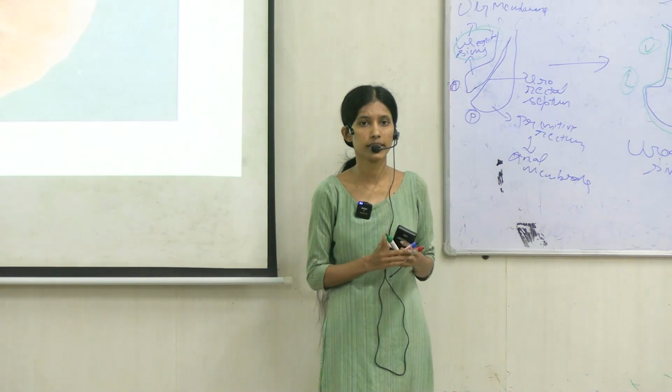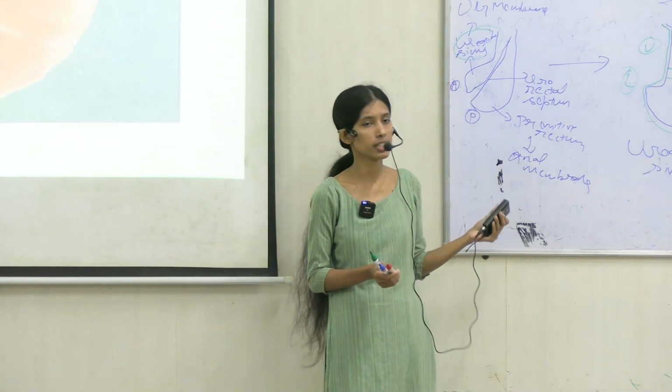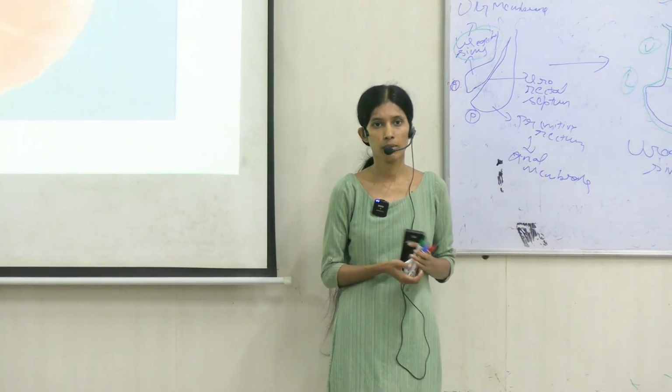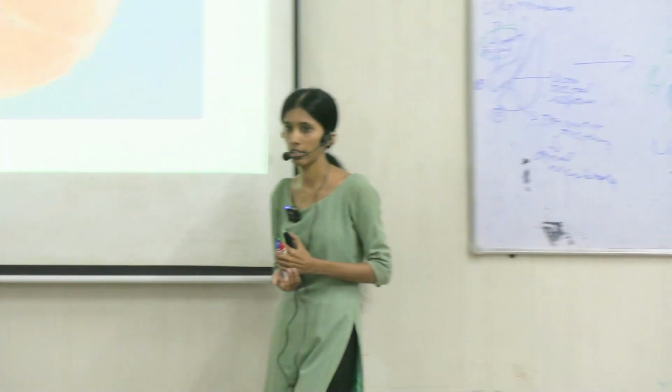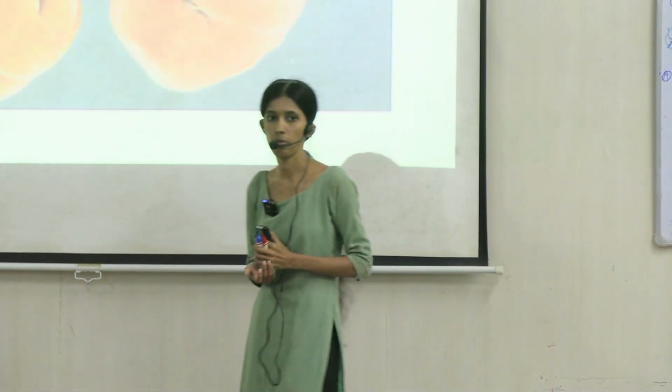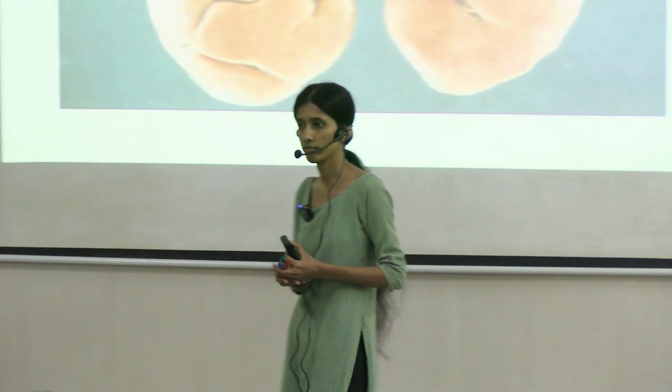For the further studies, it is called pelvic part and phallic part. Phallic, P-H-A-L-L-I-C, phallic part. From this we are going to study the development of urinary bladder and urethra. Is it clear? Any doubts in these diagrams?